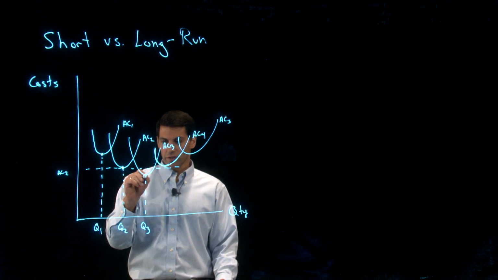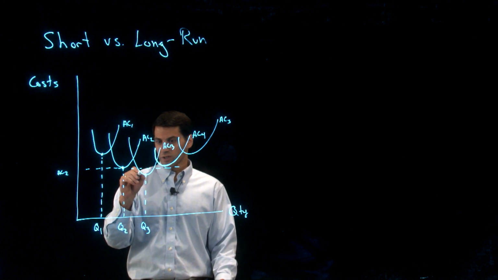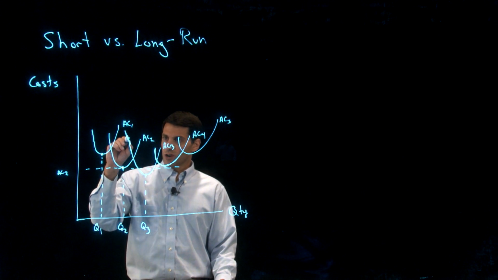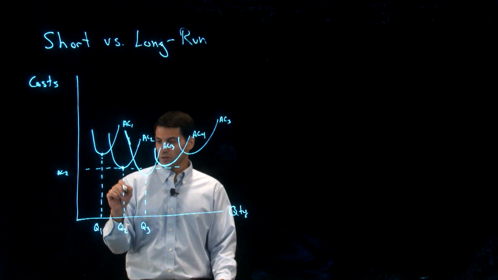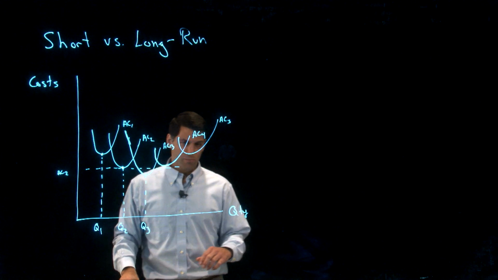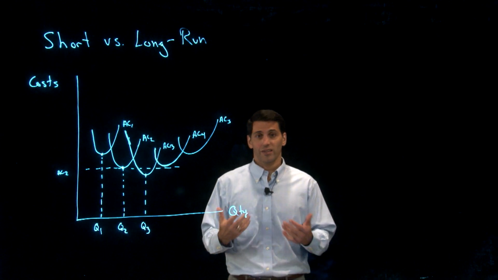So you might say, well, why not get an extra oven? In this case, here's the average cost curve for 3 pizza ovens. The average cost of making this quantity of pizzas is actually higher with 3 ovens. Why would that be the case? Well, you'd have the wrong scale.